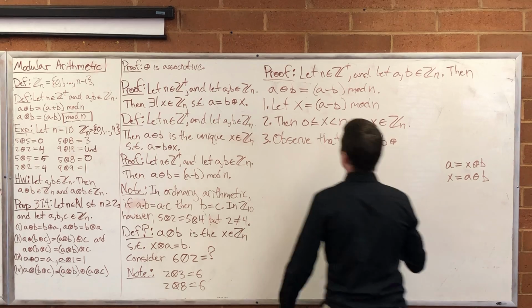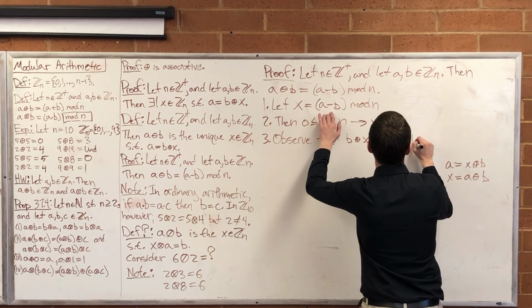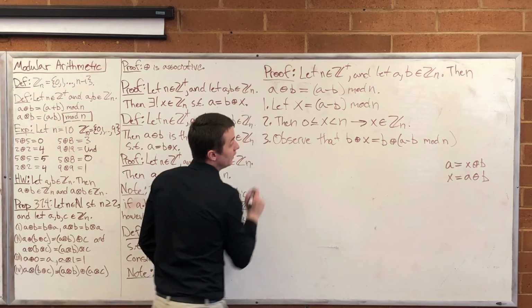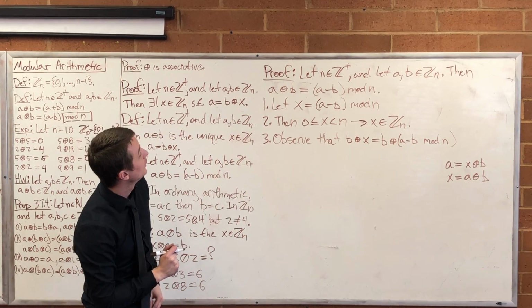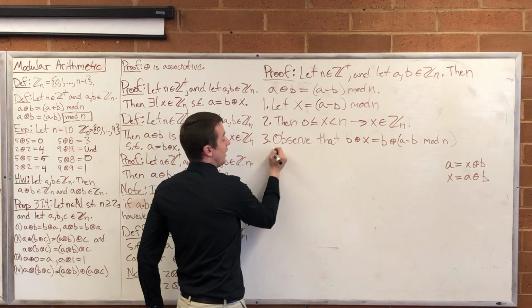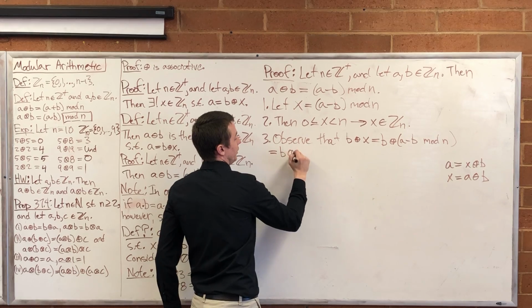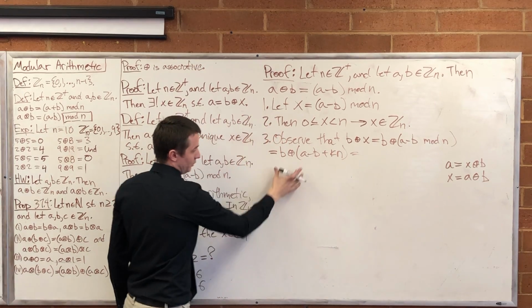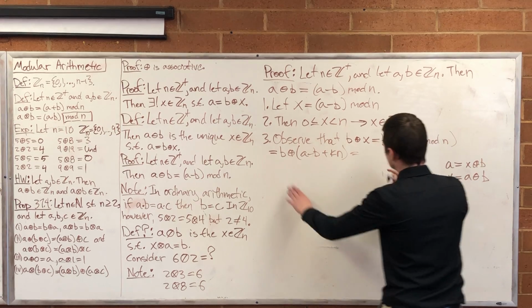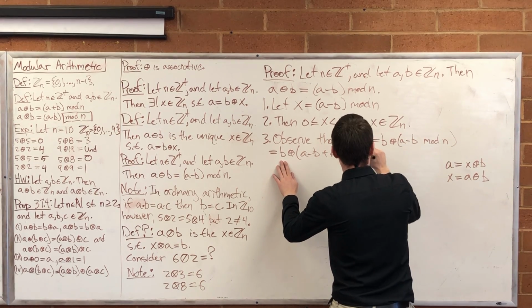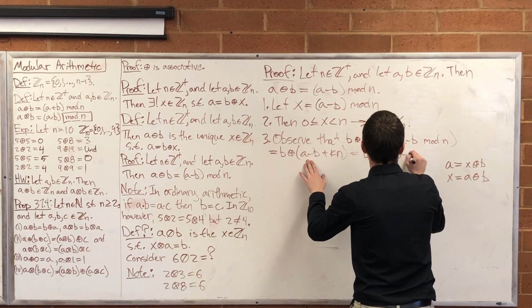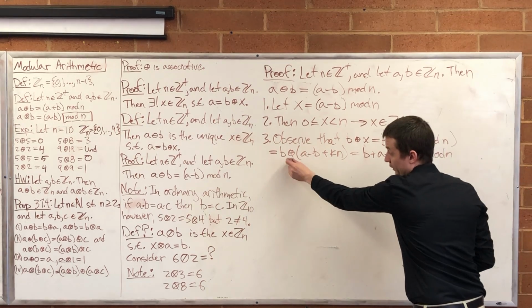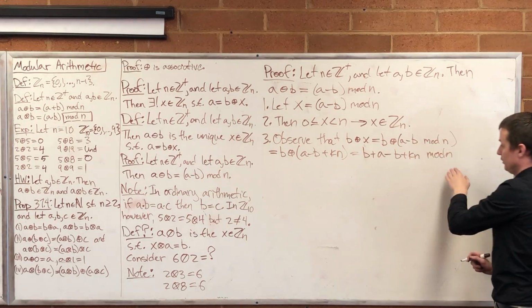Well, it's equal to b plus x, and this is equal to b plus, we'll still keep that in there, a minus b plus some multiple of n, which is equal to, now taking this one, we don't need parentheses, b plus a minus b plus kn all mod n, just using the definition of this addition. This addition is that plus that mod n, which gives us this.